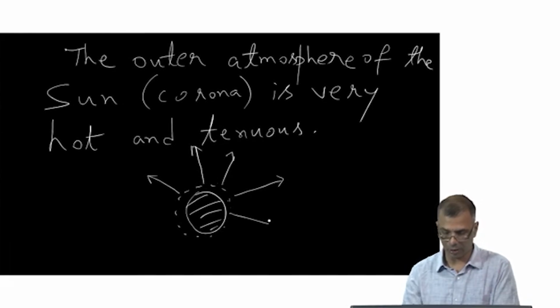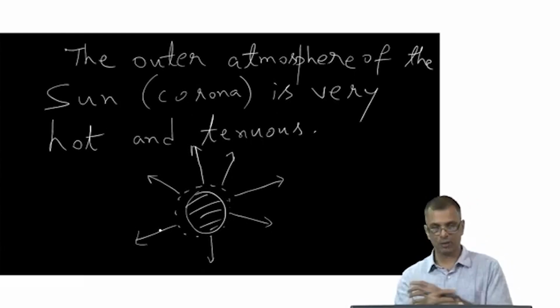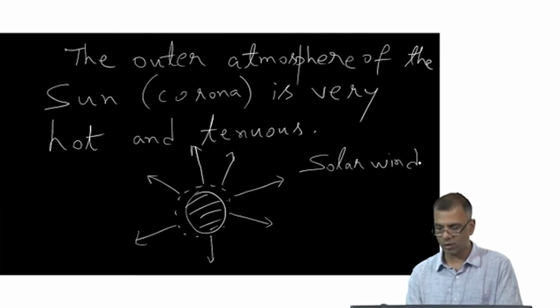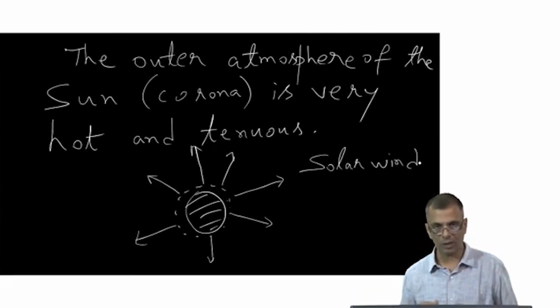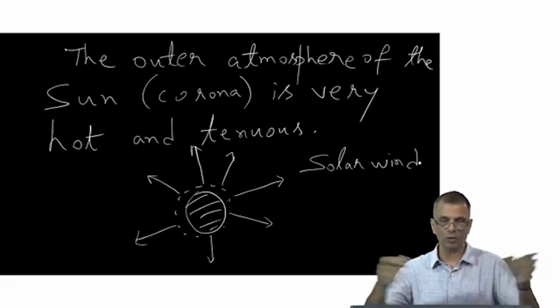Escapes in a spherically symmetric fashion, at least to first degree. It essentially escapes in a spherically symmetric fashion to form what is called the solar wind. So there's a wind blowing out from the outer atmosphere of the sun, okay, and as such the wind permeates much of the solar system.